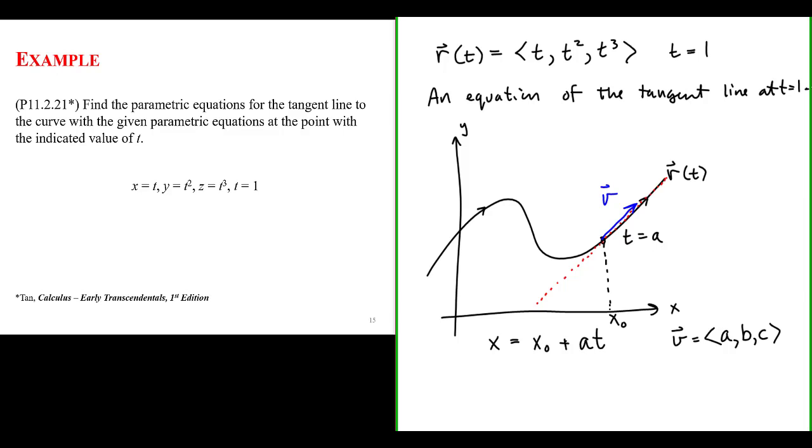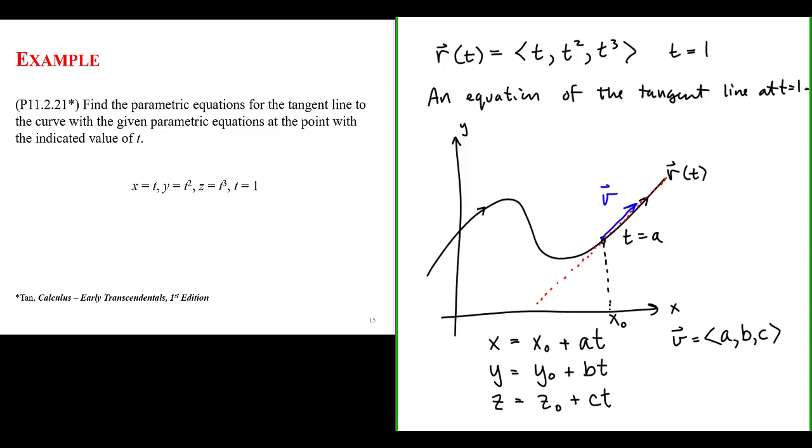The y-coordinate of a point on the line is given by a known point, y naught, plus bt, where b is the y component of our vector v, which is tangent to the line at the point we're interested in. And the z-coordinate is given by the z-coordinate of a point on the line plus ct, where c is the z component of that vector v.